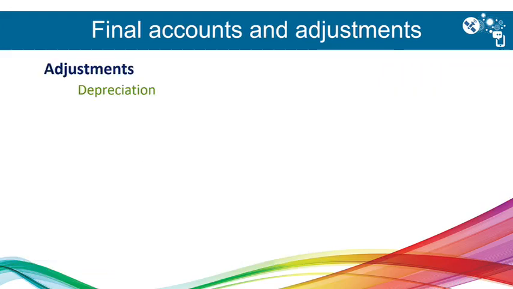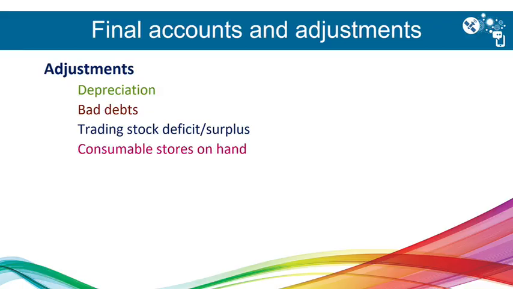Adjustments that we're going to look at: depreciation, we've already looked at that one. Bad debts, we've done that one last term when we did the general journal where we write off a debtor. Trading stock deficit or trading stock surplus, where the counted stock is more or less than what we have in our books.